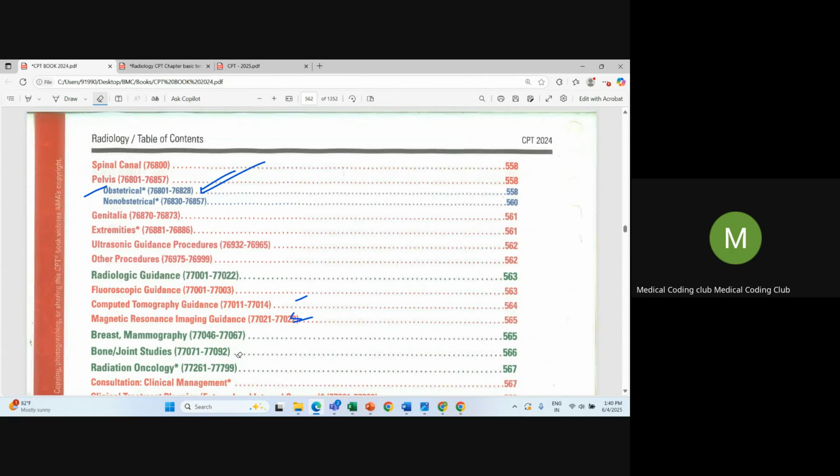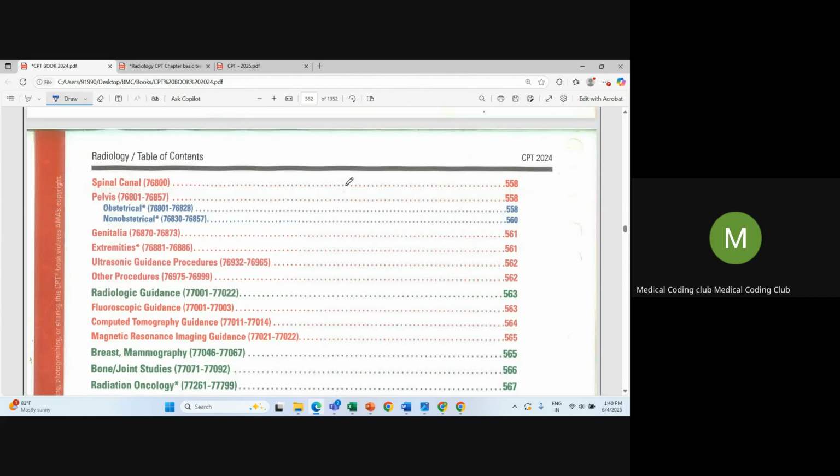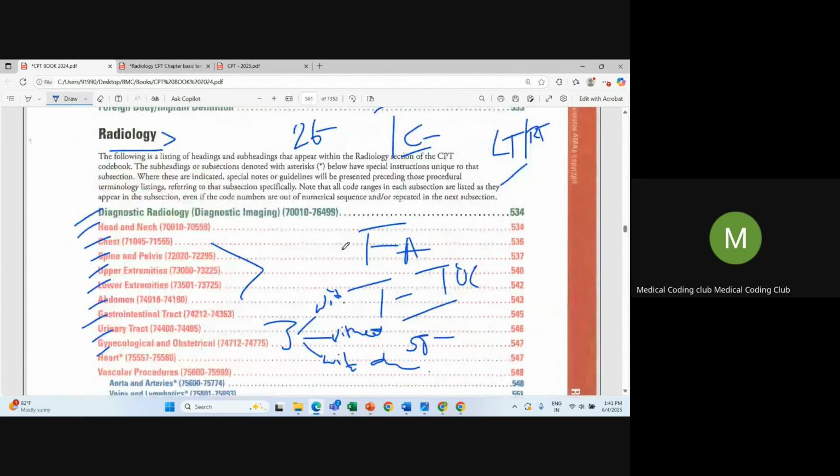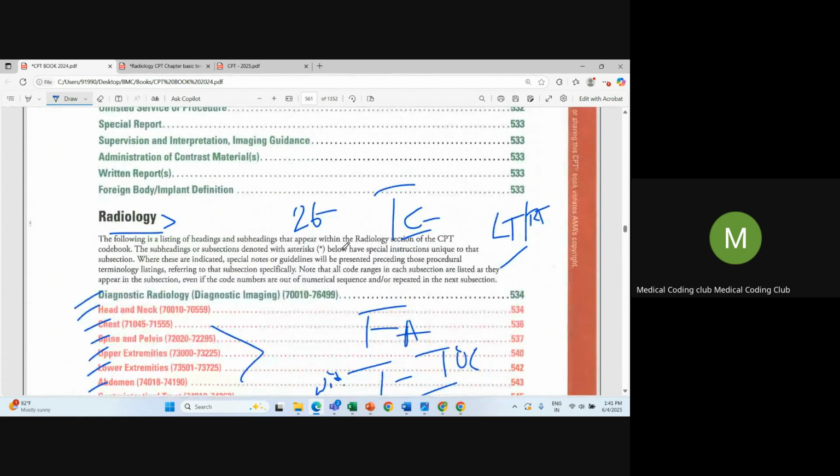Okay, so as I said, out of 6, 4 questions will be combinations. You may have to check a cardiovascular CPT procedure and then radiology again. So likewise, 2 combination CPT questions will be there. If you have a good understanding of radiology, you don't have to lose any marks.